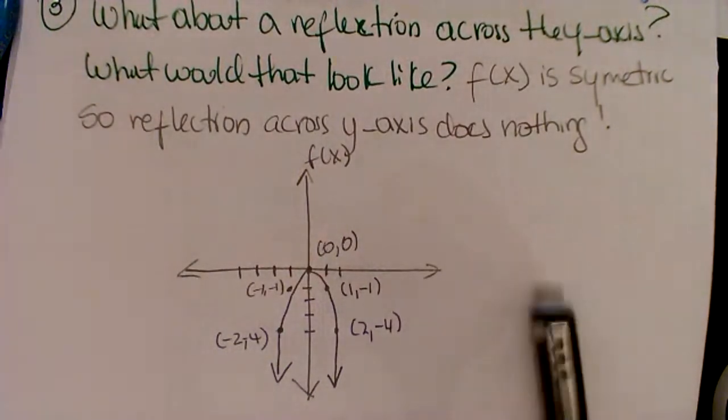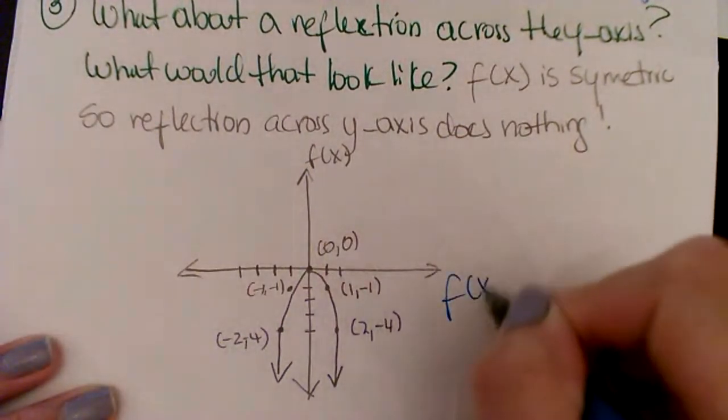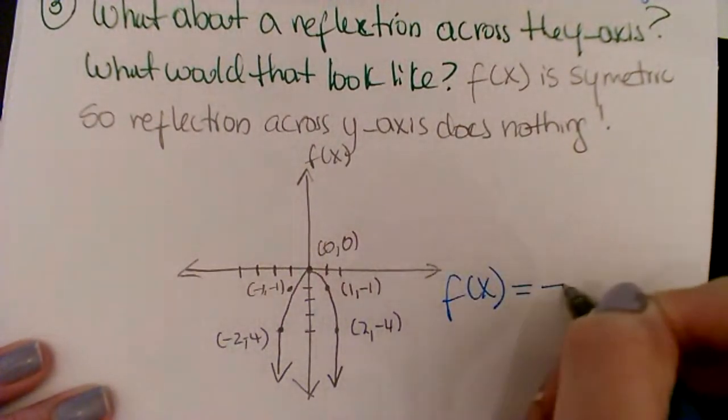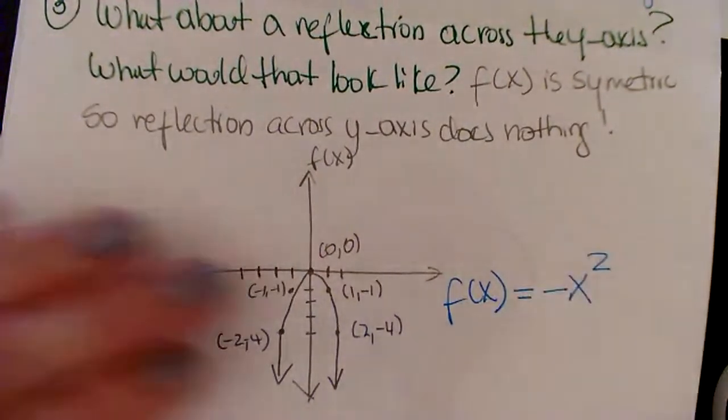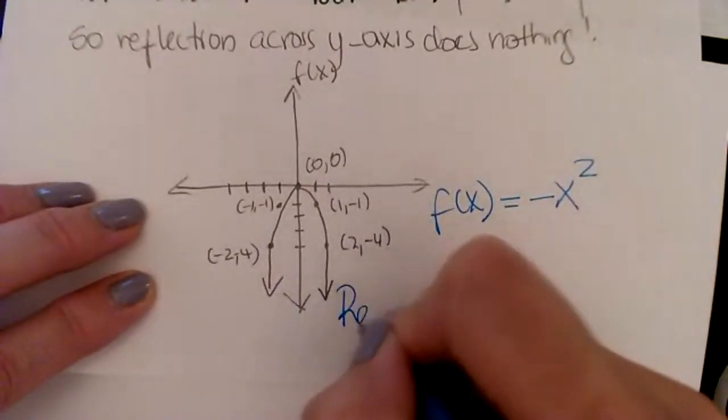And how are we going to write that function? This function is going to be negative x squared because it's on this side, the negative side. And we call this one a reflection about the x-axis.